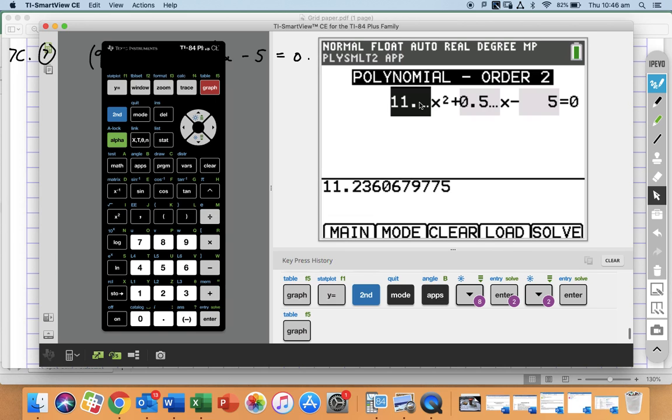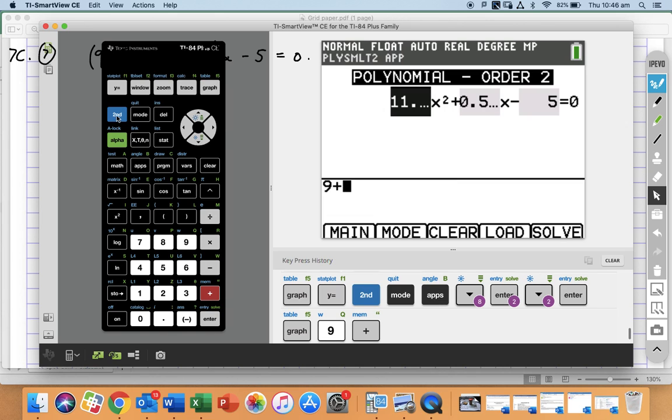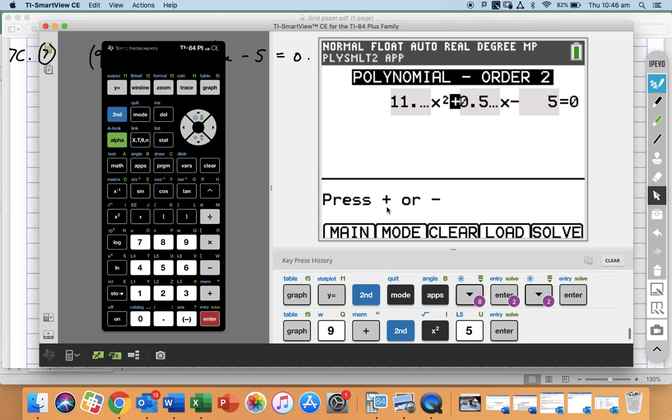And I've already entered the values, but let's just enter them again. So I've got 9 plus square root 5 is the a term here. You notice that it now says press plus or minus. So I needed to know that there was plus. Okay.